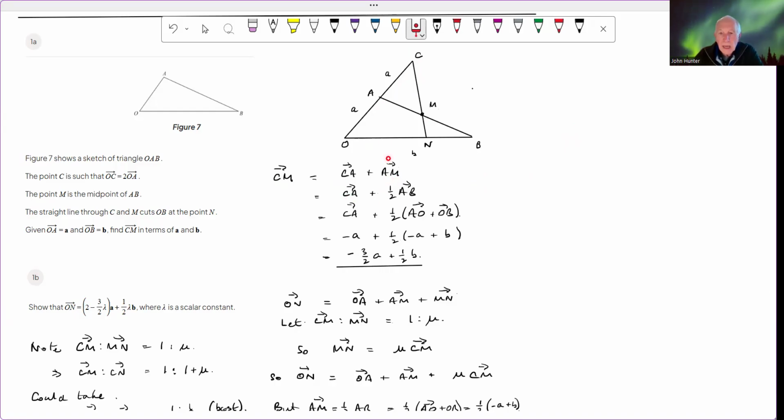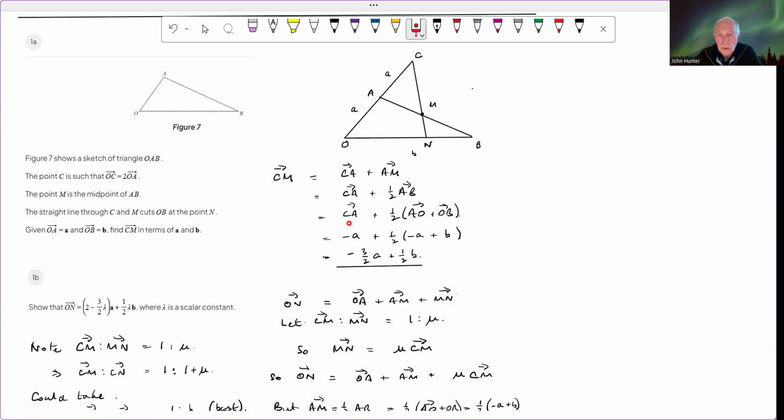CA is, well, a. What is AM? AM is half of AB, and we've got a chance of getting AB. If we go from A to B, we can go via O, AO plus OB. So CM equals CA plus half of AO plus OB.